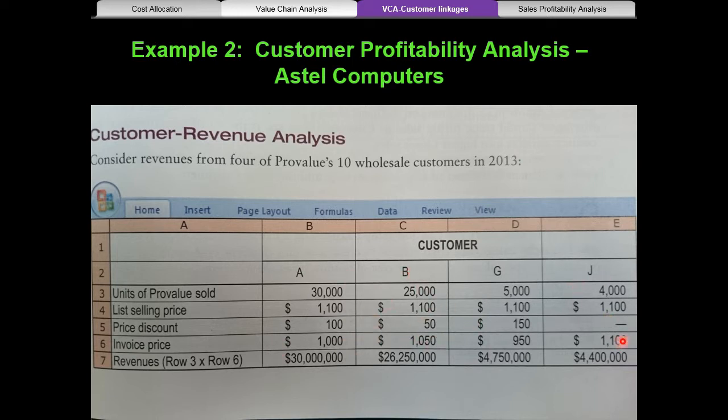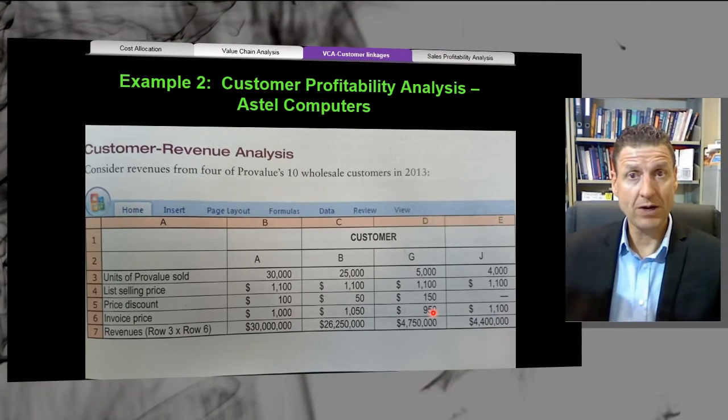B and J are providing the highest prices to Pro Value per unit, whereas A and G are providing next to the lowest prices per unit to Pro Value. You can see right from the get-go at the revenue level that not all of these customers are the same, and we can find out their revenues accordingly. And so that's the first starting point in understanding the revenue analysis in customer profitability analysis. Let's get to the next exhibit, shall we?